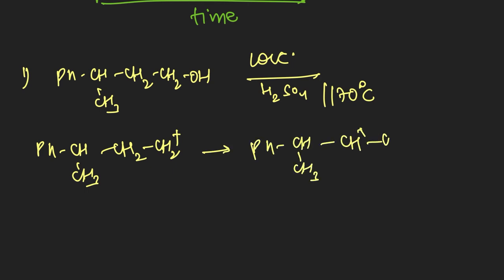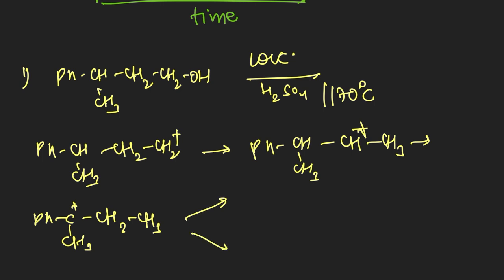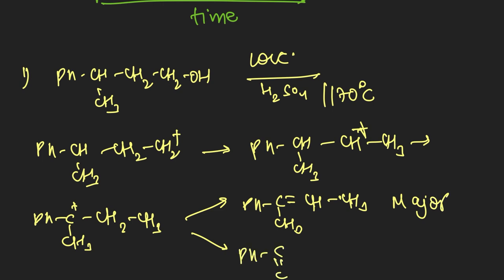Now the carbocation again will rearrange to CH2 and CH3. Now this will form two products, one major and one minor. The major one is this, which is more substituted, and PhC double bond CH2 is the minor. So first we have a major product, then we have a minor product.